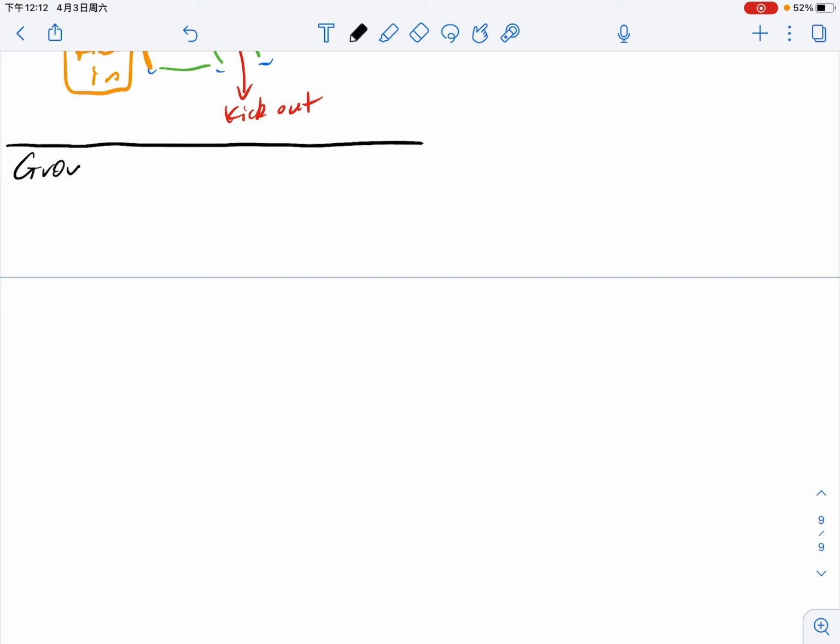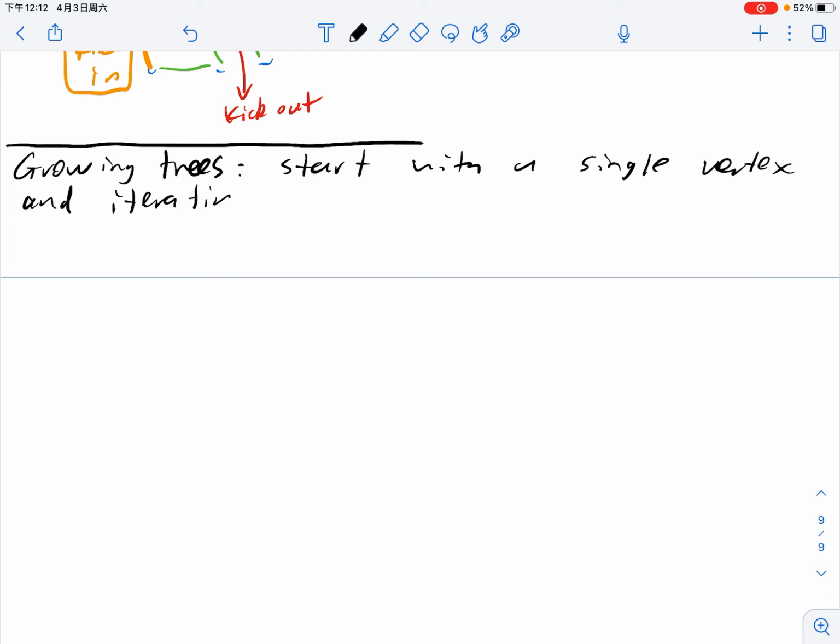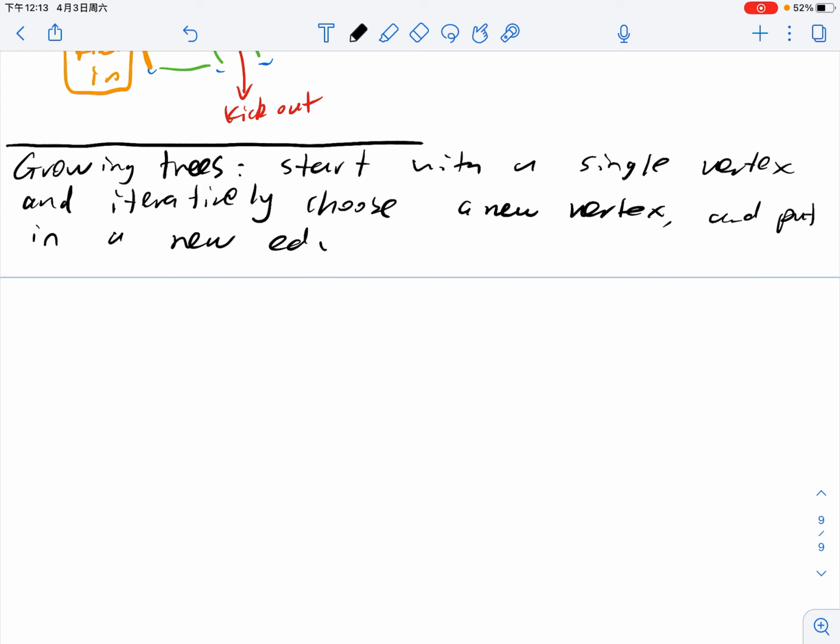I forgot to mention another easy way to grow trees. So we start with a single vertex and iteratively choose a new vertex and put in a new edge, joining the new vertex.